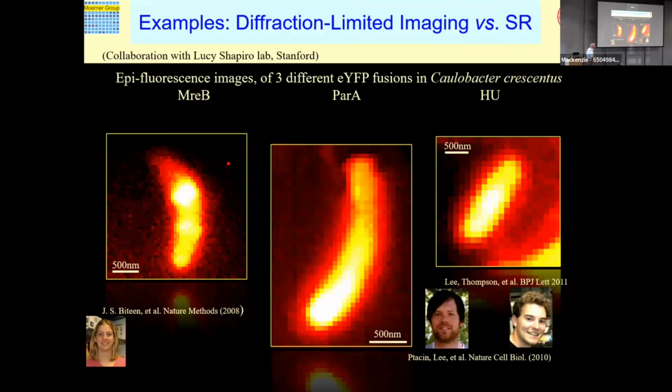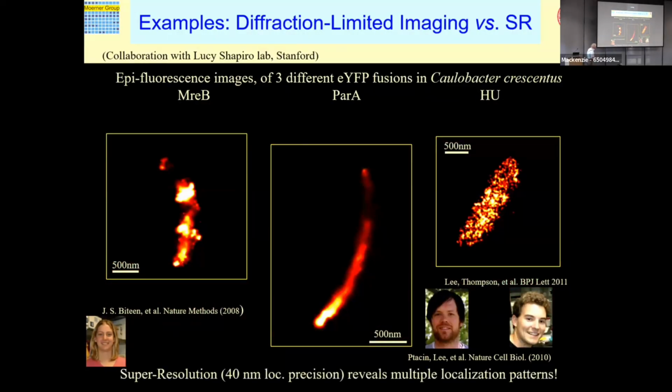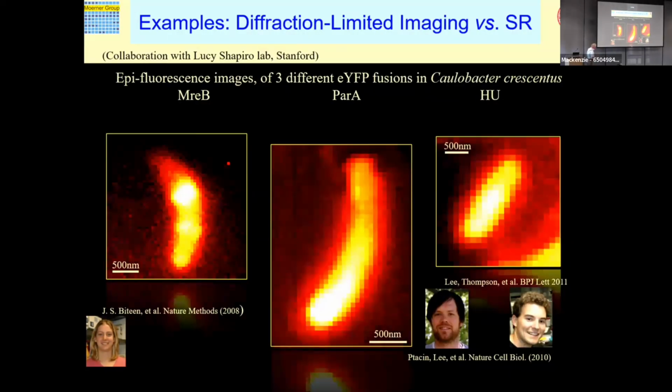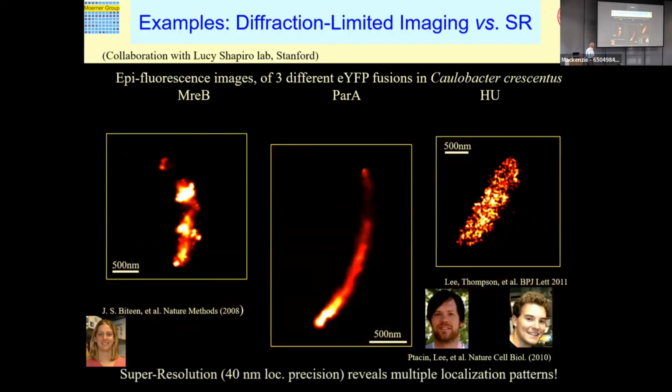In any case, this is MreB, this is ParA, and this is HU. You can see that the diffraction limited images don't tell you much, but these super resolution images show a lot. That's the reason this is, of course, interesting. To be able to go beyond the diffraction limit by factors of 4 or 5 is not a small effect.